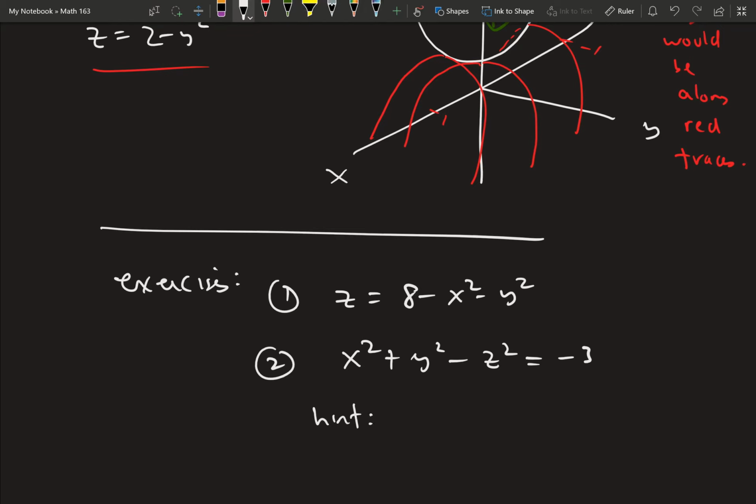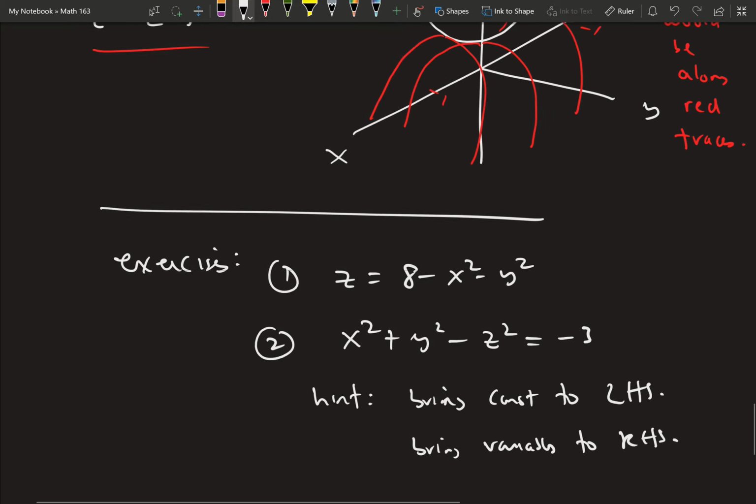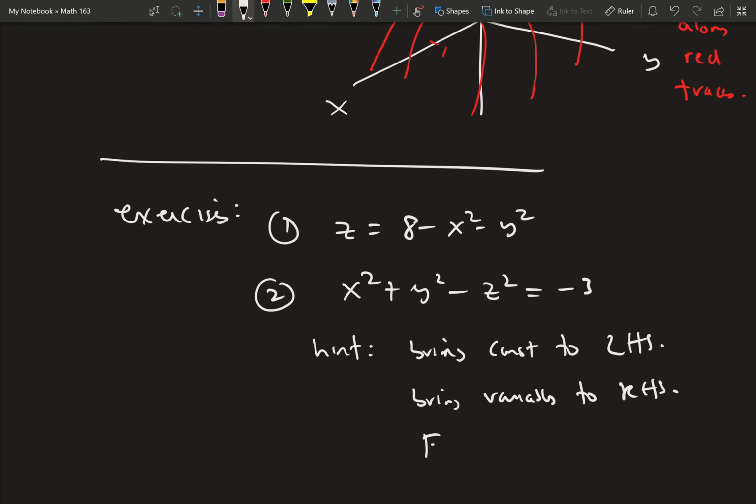And I'll give you a little hint: bring the constant to the left-hand side, LHS, and bring the variables to the right-hand side, so it matches up with a pattern which I mentioned a little bit earlier in one of these graphs. And then I would say fix some z values. And that'll probably do you well.